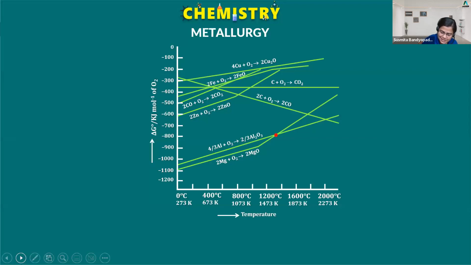Students, concentrate on aluminium and magnesium. Can you tell the exact temperature? I'm not able to say because I don't remember it. Approximately, if you can talk about this red dot, I'll call this the transition temperature.